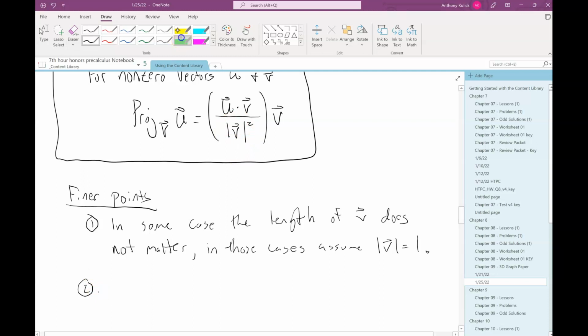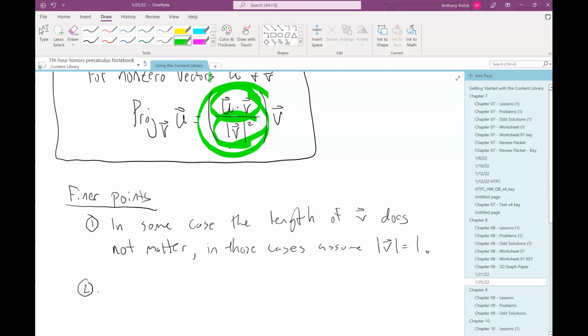The second piece is, if I look at this projection formula, the dot product of u and v just gives me a real number, right? The magnitude of a vector just gives me a real number. So really, what I'm doing here is just scalar multiplication on v. Everybody's okay with that?